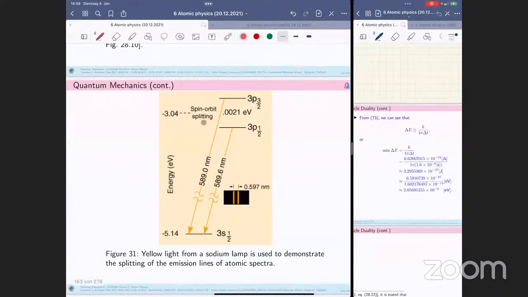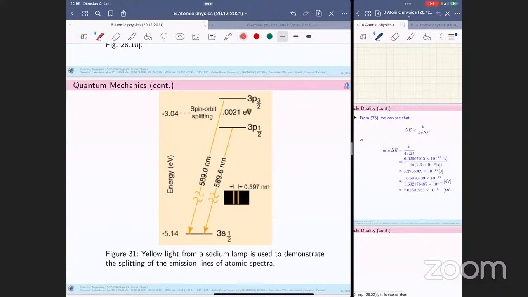In another figure, in more detail, with the same experiment, there is the energy level minus 3.04 eV, and this is minus 5.14, the unit being eV. You would have energy levels for the electron like 3p and 3s.